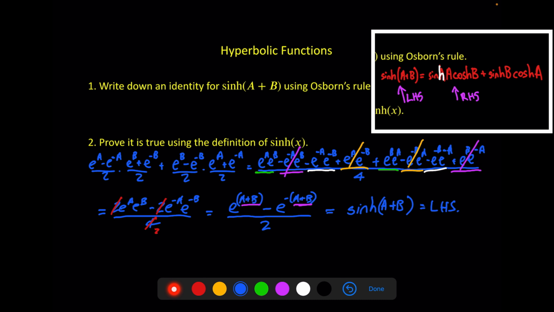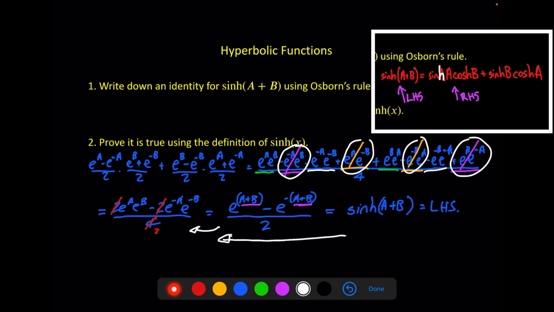And I hope that also makes it clear as to why working with the left-hand side and trying to make it look like the right-hand side will be a bit of a nightmare, because going this way, yes, okay, you could put that in very easily, but the change from here to here, you wouldn't necessarily think to multiply everything by 2, and you certainly wouldn't necessarily think to start including these terms here, which have all cancelled nicely going the other direction.